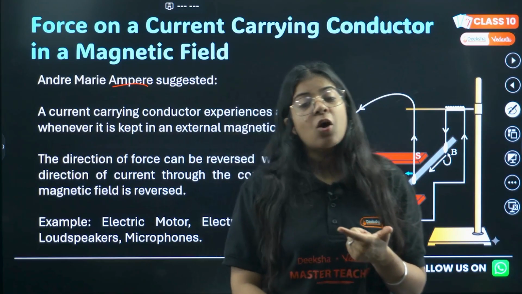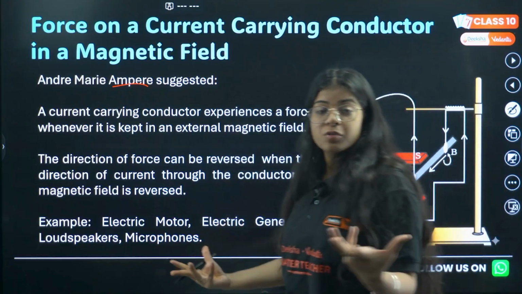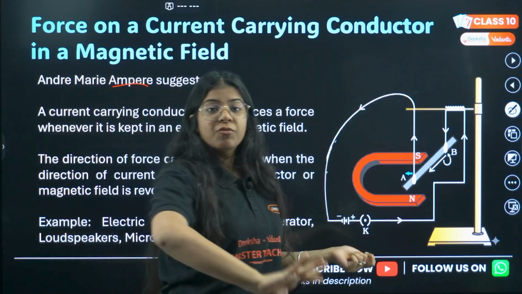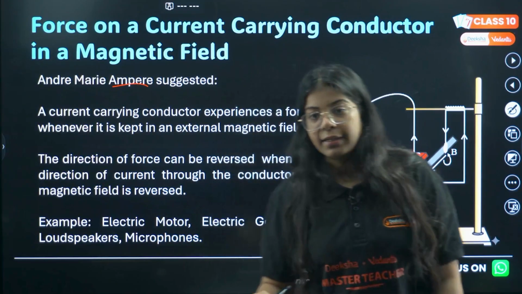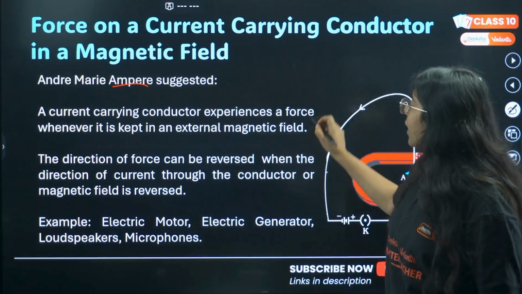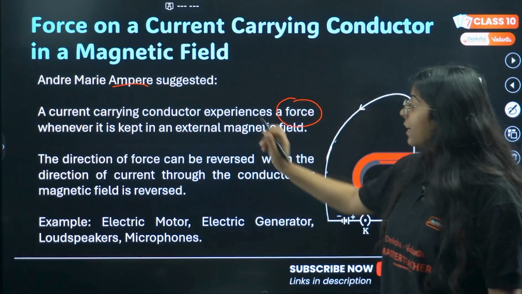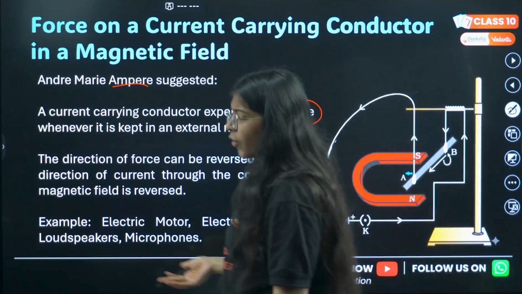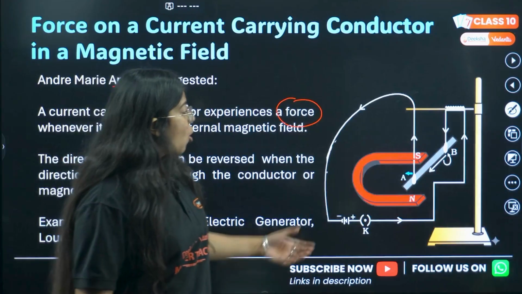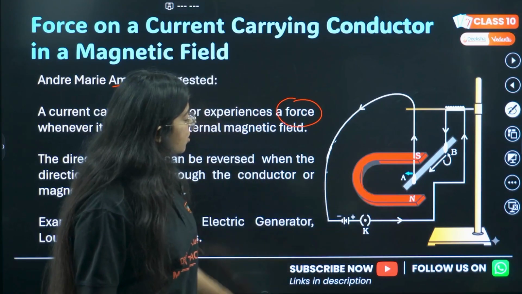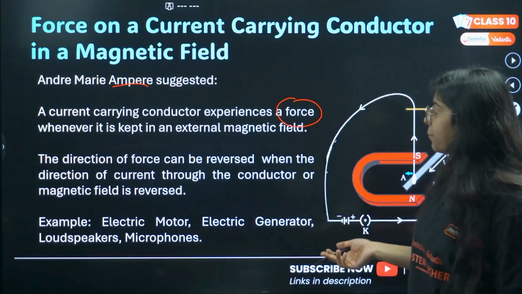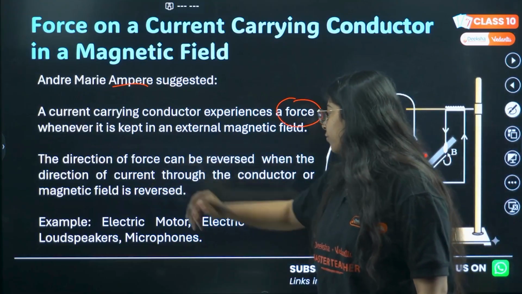The conductor will also produce some force around it, and the external magnetic field will produce a force on that current carrying conductor. A current carrying conductor experiences a force whenever it is kept in an external magnetic field. Here again, the direction of force can be reversed if we reverse the terminals of our battery, hence changing the direction of current.